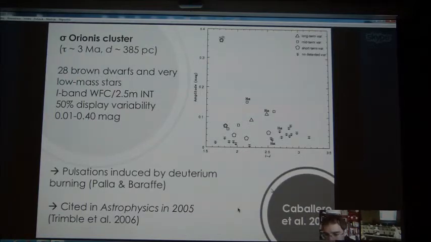The thing of the pulsations is still science fiction, but we will need maybe a 10-meter telescope and observing the target for a long series before confirming this thing of the deuterium burning. The problem is that this deuterium burning occurs during the first 10 million years of the objects, and this is when the objects are more active, and it is more probable that they have spots on their surface. So eventually what we will see is the rotation of the stars and of the brown dwarfs.